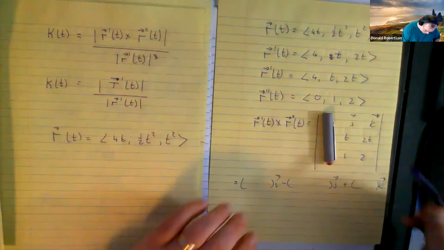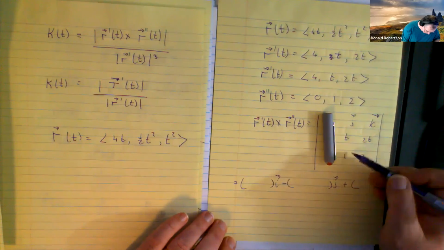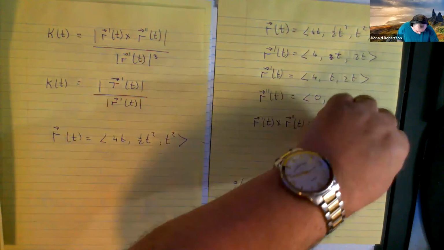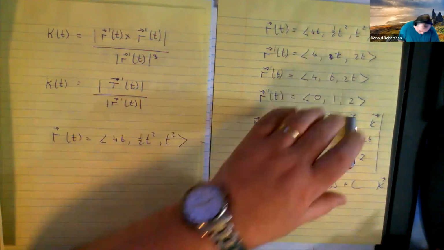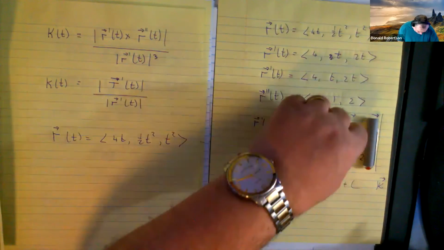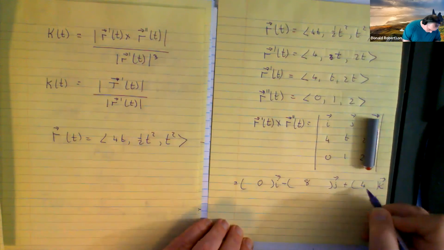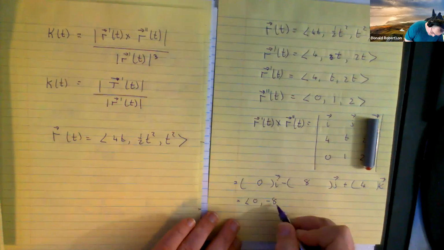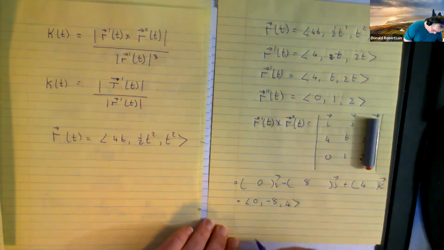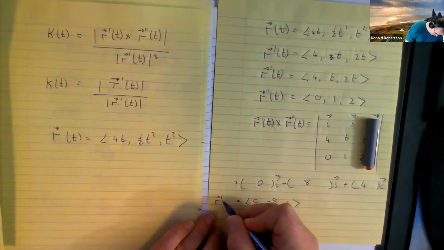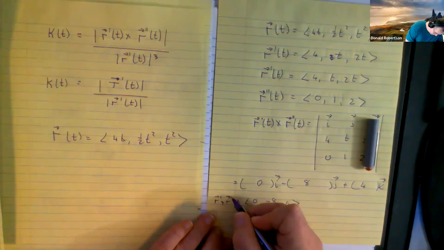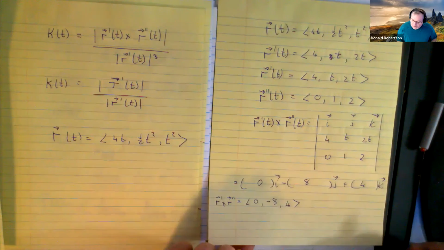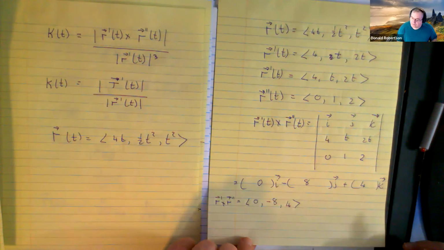Cover that guy, you get 2t, take away 2t. Cover up that guy, you get 8, take away nothing. Cover up this guy, you get 4, take away nothing. You end up with 0, -8, 4. And that's the first crossing the second. Came out quite nice.